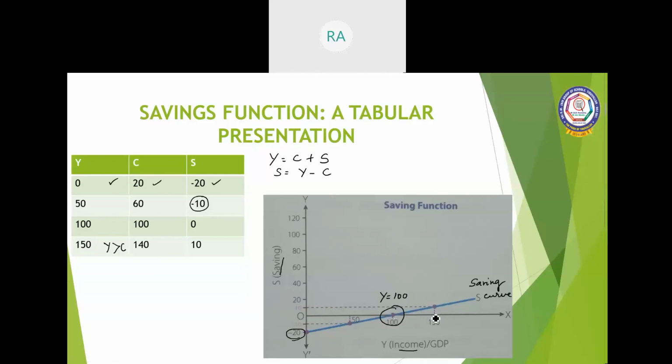At this point, 150, income is greater, whereas the consumption expenditure is 140, and that is why there is a saving of 10. You can measure this. There is savings of 10, whereas here there is nil saving and here there is dis saving.